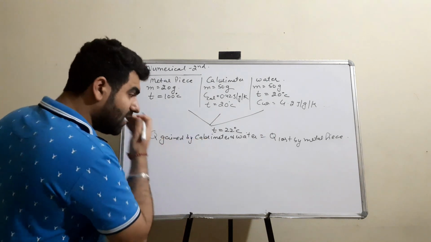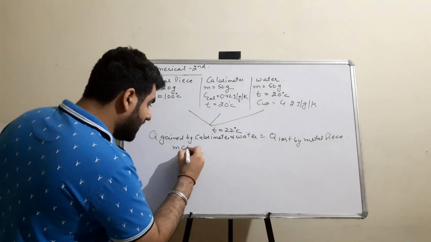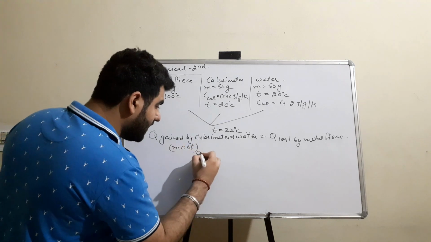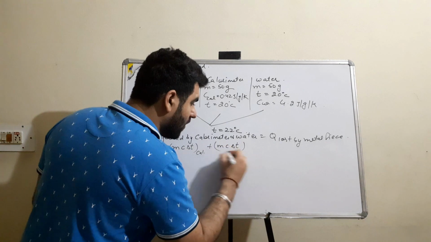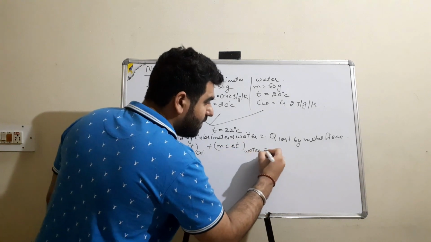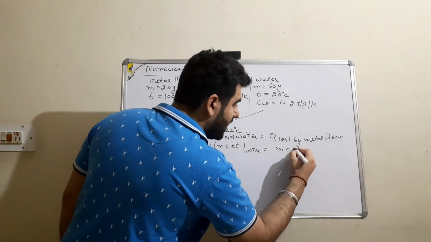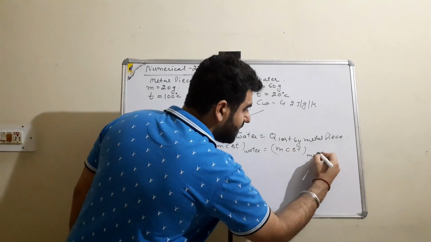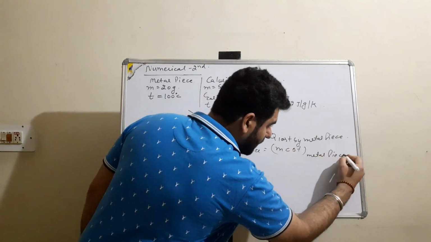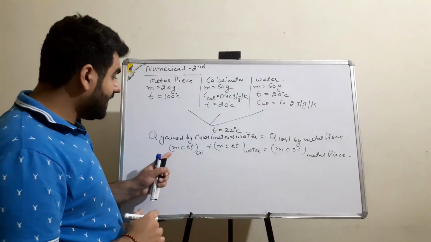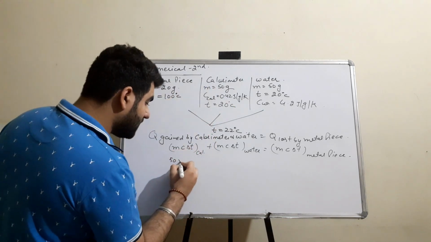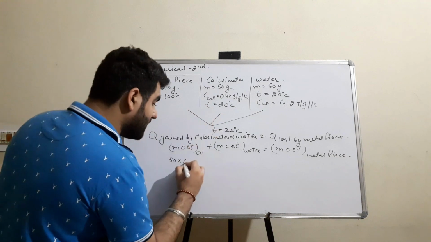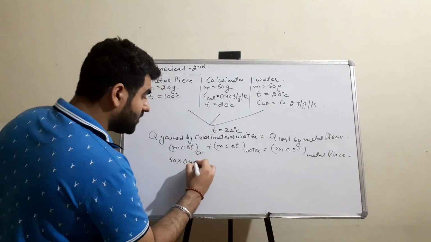How? Let us see. This is m into c into delta T for the calorimeter, plus m into c into delta T for water, equals m into c into delta T for the metal piece. Let us see, what is the mass of the calorimeter? It is 50 grams. The C of the calorimeter is 0.42 joules per gram per Kelvin.